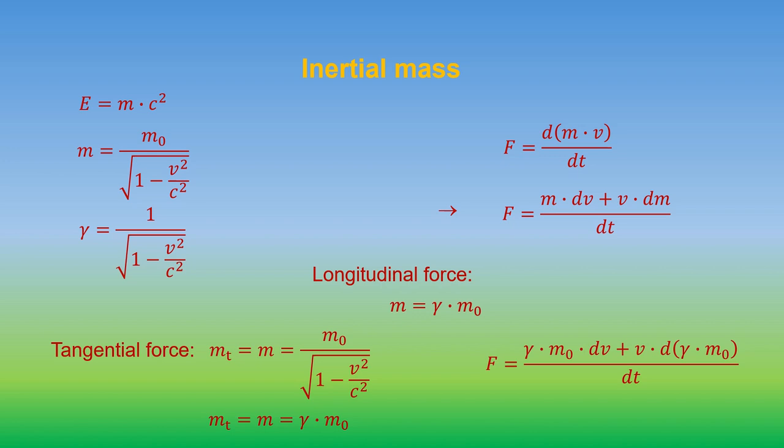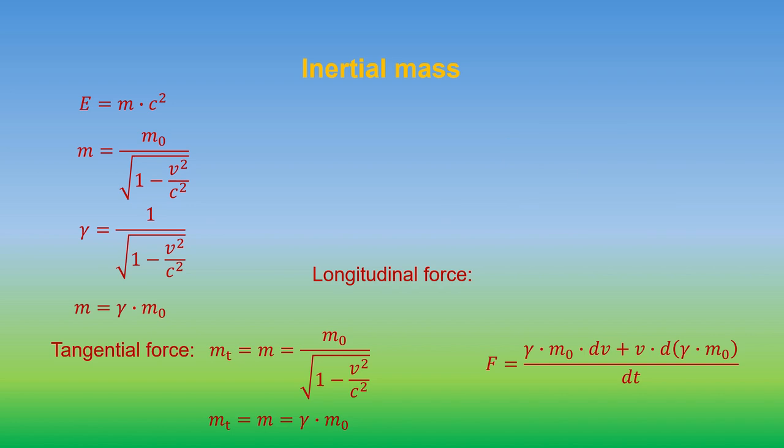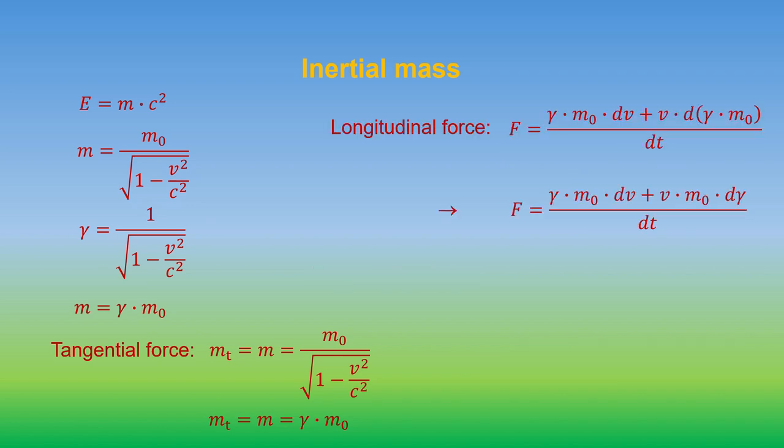This leads to F equals gamma times m naught times dv plus v times d gamma times m naught over dt. The rest mass, m naught, is a constant, so we can take it out of the differential. We don't need to use the chain rule. F equals gamma times m naught times dv plus v times m naught times d gamma over dt.